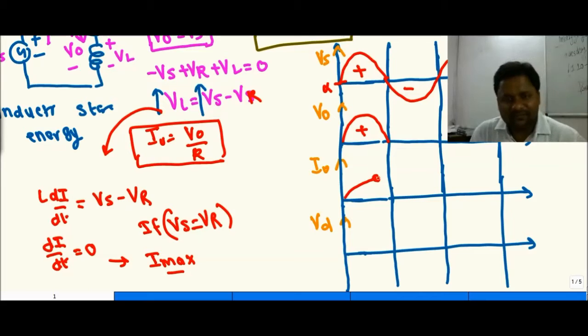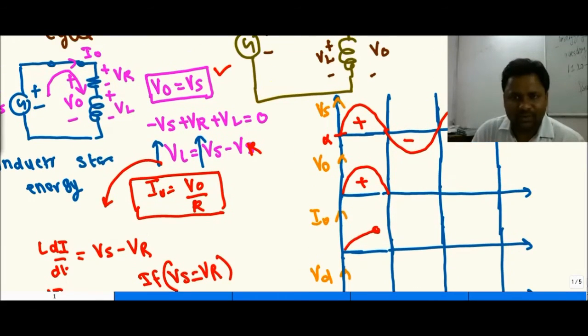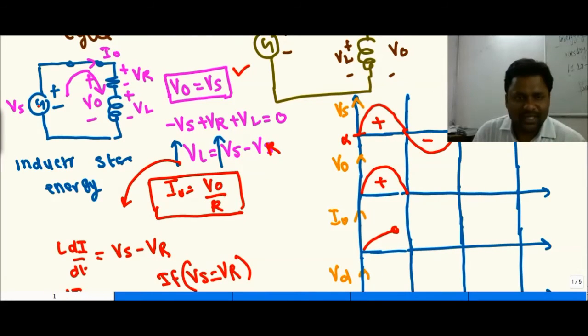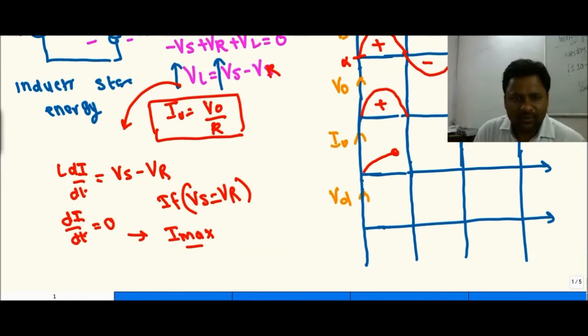During the positive half of the supply the current increases, and there will be a condition when Vr equals Vs, which is the condition of maximum current. After this, the current is going to decrease, meaning the inductor has to release its energy.